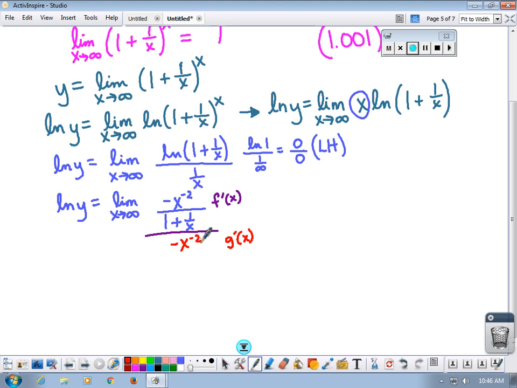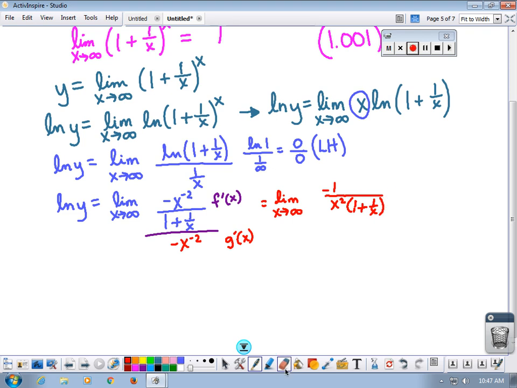Okay, so it's a complex fraction. It's looking kind of complicated, so how about we do it this way? Let's flip and multiply and see if we can evaluate this. So limit x approaches infinity. So we had negative 1 over x squared, and that 1 plus 1 over x would actually be part of that quotient.